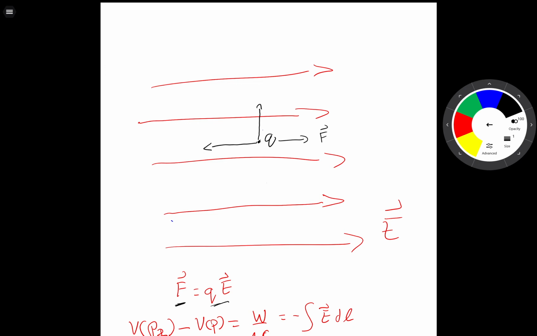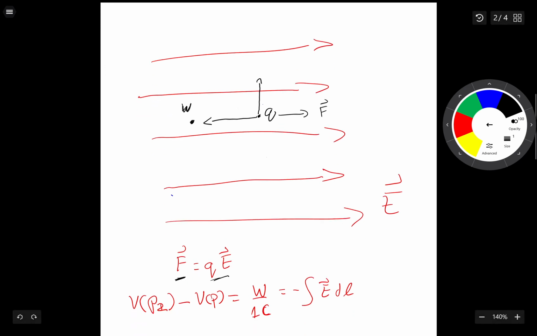But if I go in the opposite direction of the field, I will have to force myself and put more energy into moving. So moving from this point to this point will require more work. This is our definition of work when we are moving from one point to another in the opposite direction of the electric field, and that's how we get our equation.